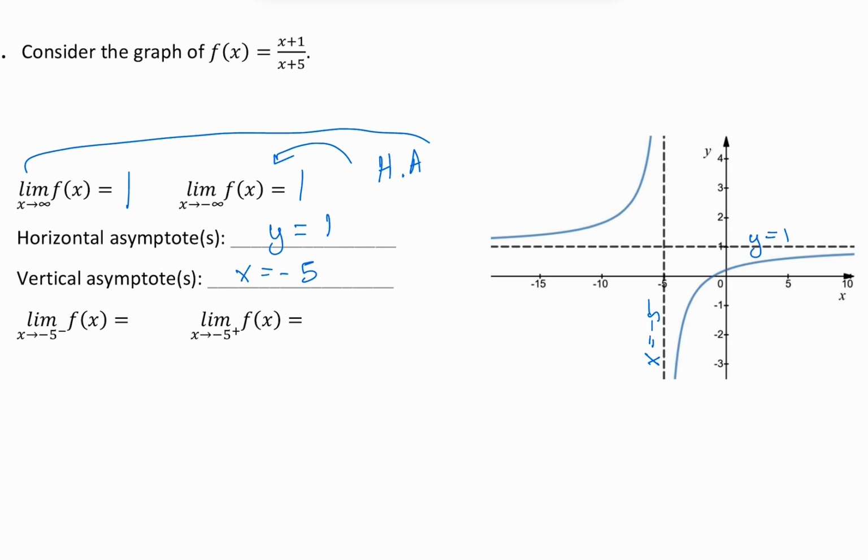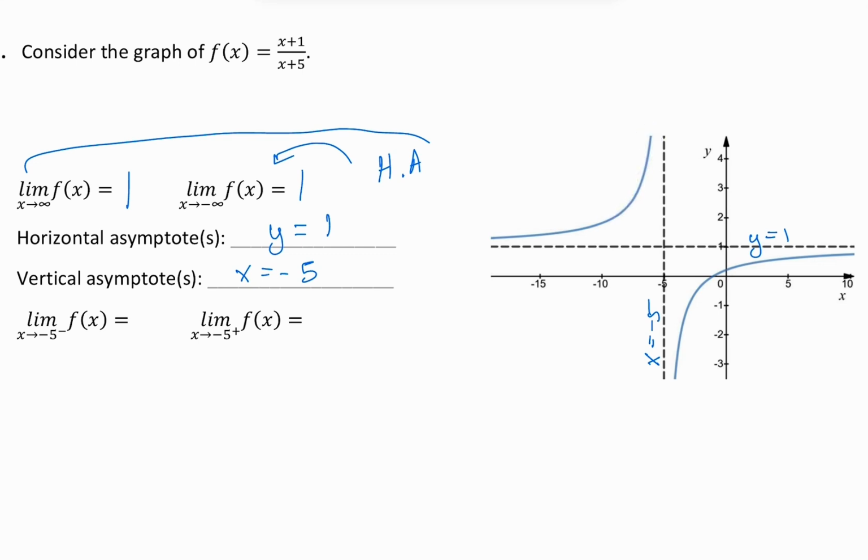Now the ones below here are here and here. These are vertical asymptotes. Vertical asymptotes are the ones that have x go to a number. So our vertical line is x equals a number. And our function is approaching infinity as it gets closer and closer to that line on the left.